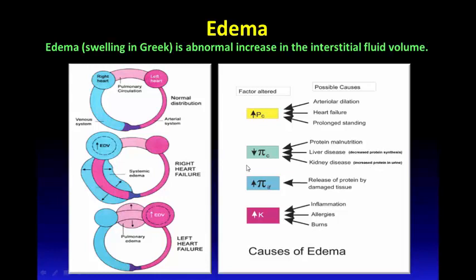The increase in the interstitial fluid osmotic pressure would also favor filtration, hence increasing the possibility of edema, and this happens when there is release of proteins by damaged tissue.